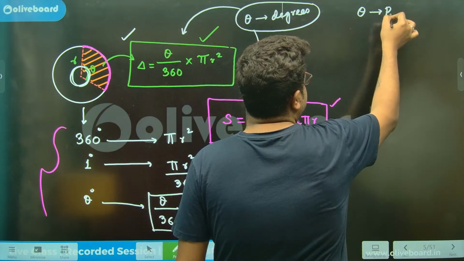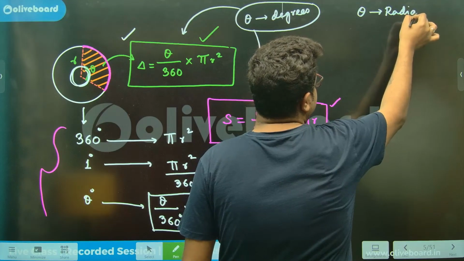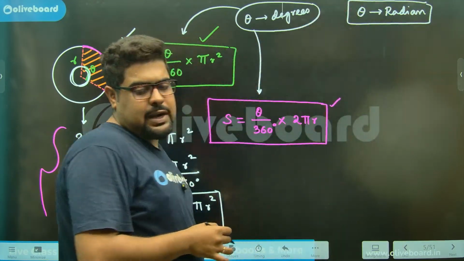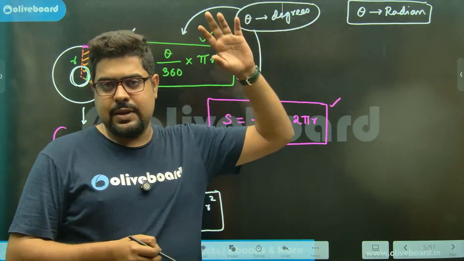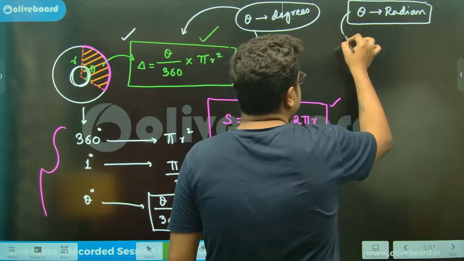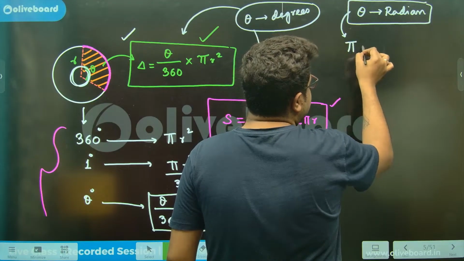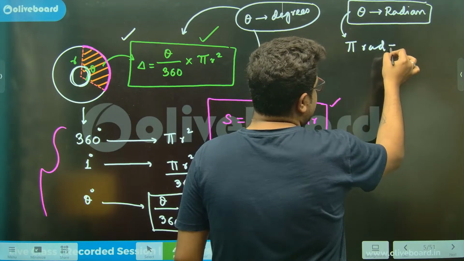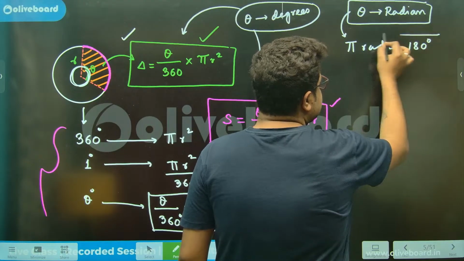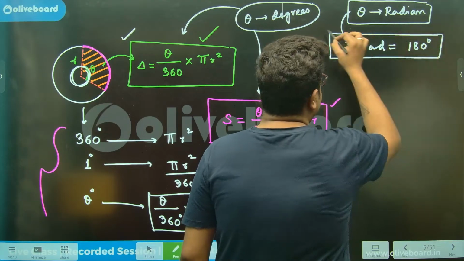You don't need to do much. There is only one relation between radian and degree. I'm hoping everybody knows this; if you don't, please learn it. Pi radian is equal to 180 degrees. This is the only relation you need to know.